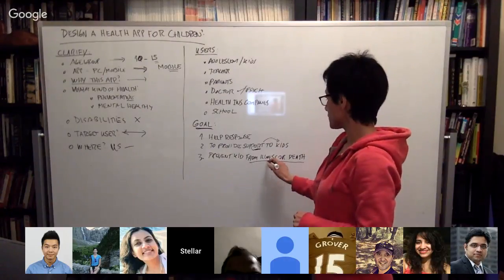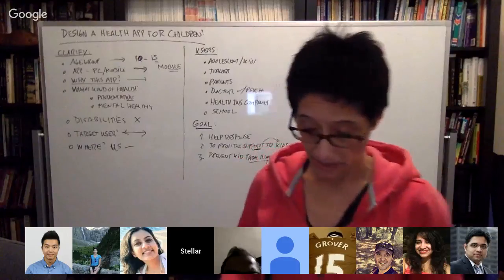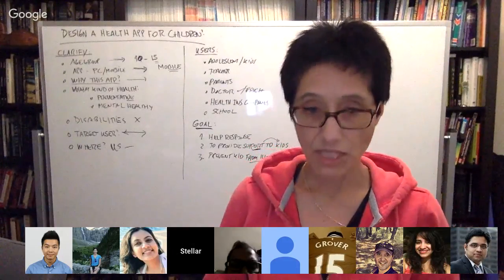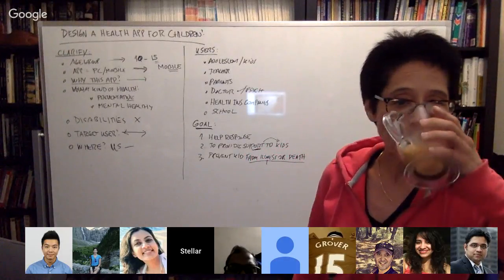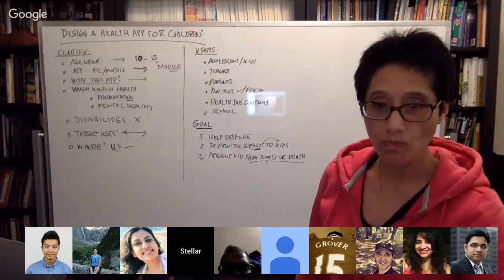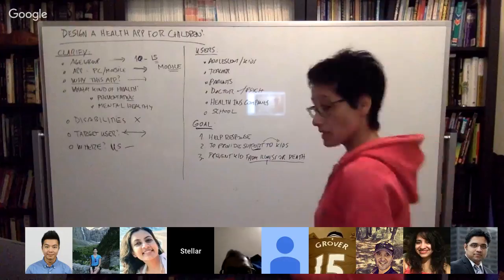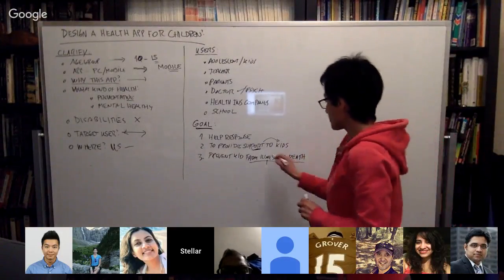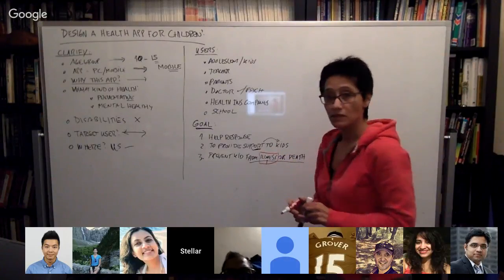And this could be physical or mental illness. Any other goals? Prevention from drug or alcohol addiction. Yeah, I think that I would back it into here, like getting sick, illness. Okay.